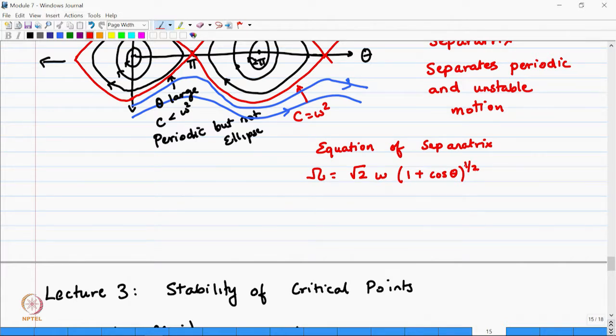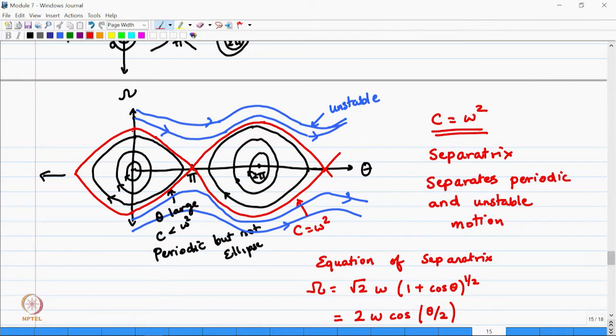If you use the trigonometric relation, you can show that 1 plus cos theta is 2 cos square of theta by 2. So I can take the square root of 2 and multiply it by this, and I will get 2 omega cosine of theta by 2. This is the equation of the separatrix, and you can see that it looks like a cosine function.